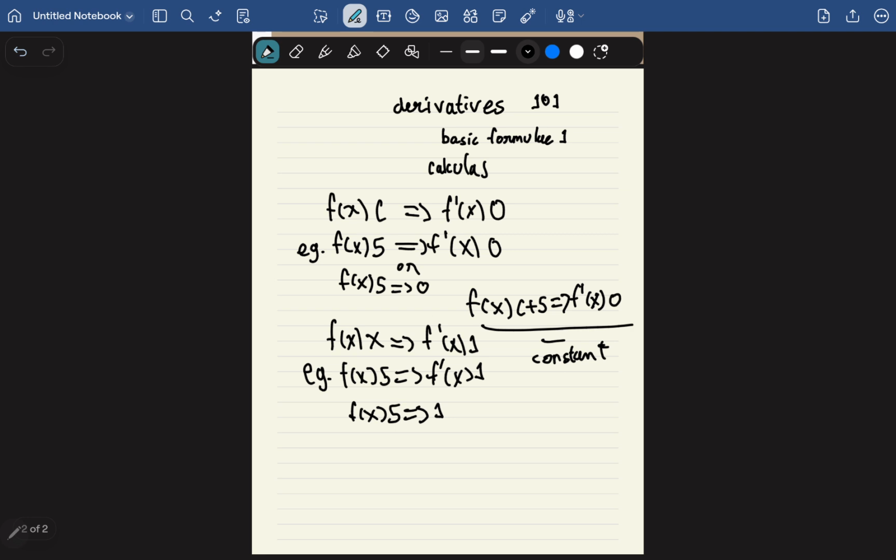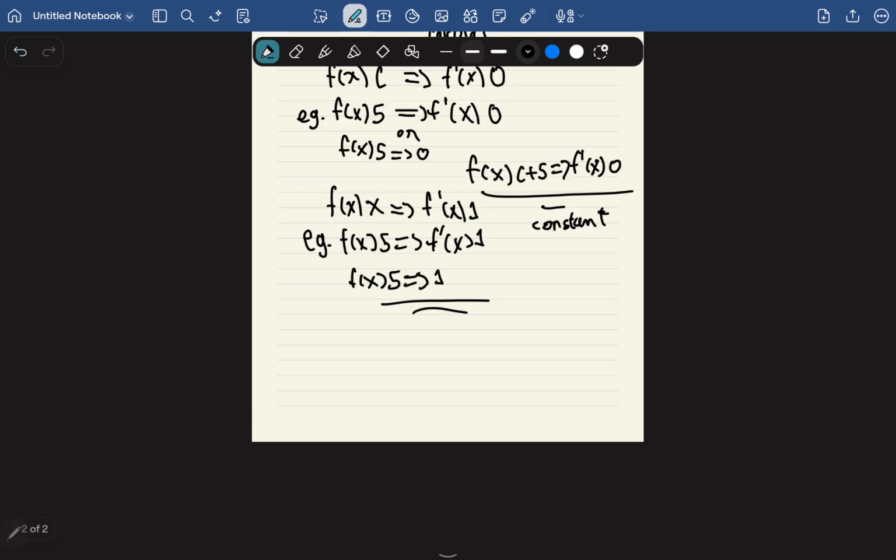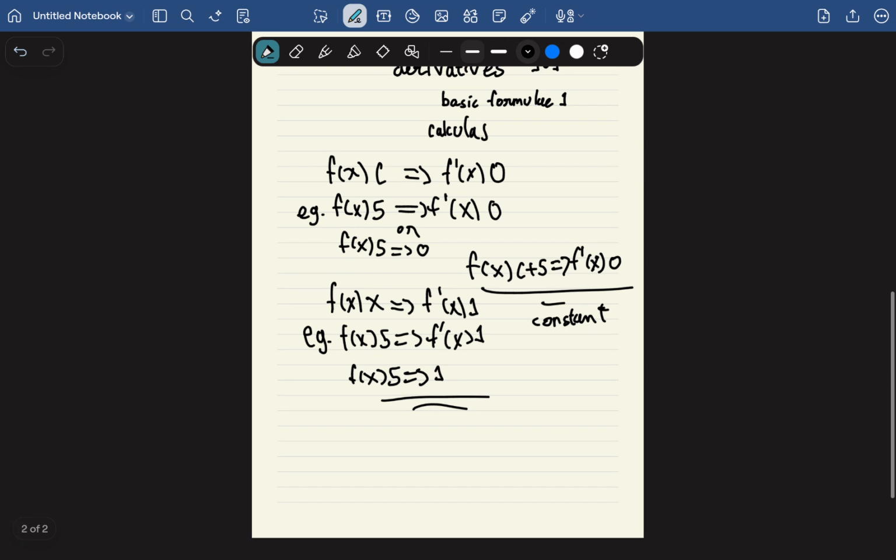Okay, then we have the more useful formula. Both of these are just really not formulas you will use that often. So then we have the formula that is most common for derivatives, and it is f of x equals x to the power of n.